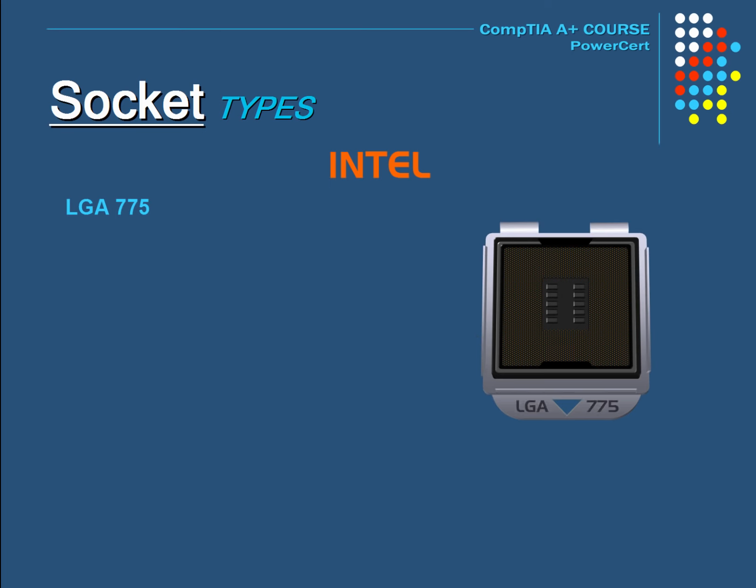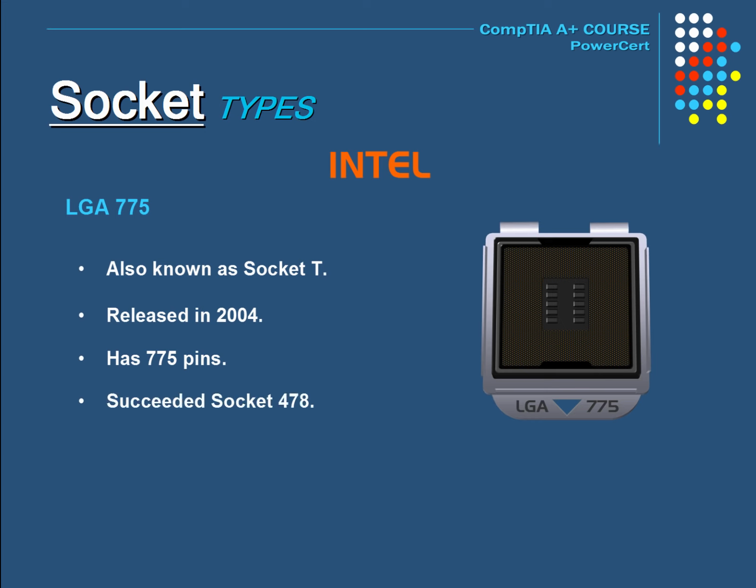This is also known as socket T. It was released in 2004, and it has 775 pins, as its name states. The LGA 775 was the successor to the socket 478, and it was designed for the Pentium 4 and Pentium dual-core processors.